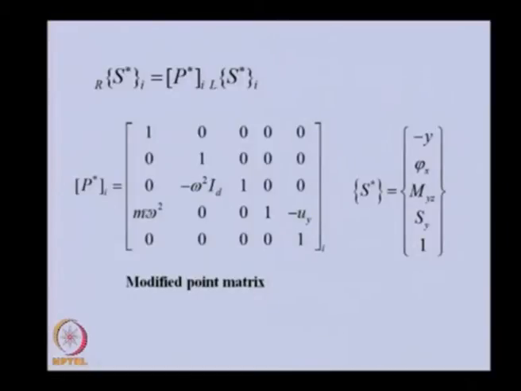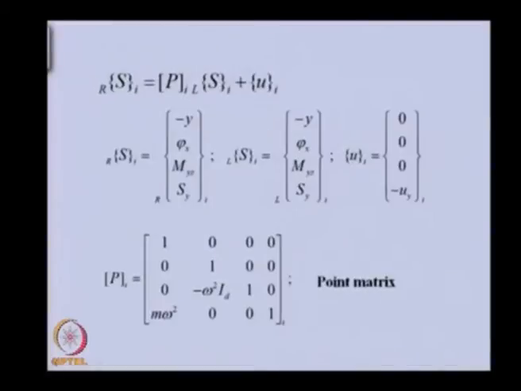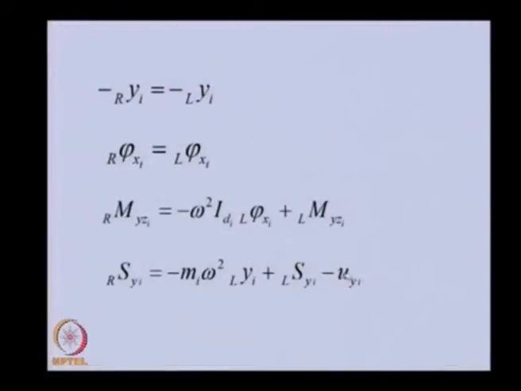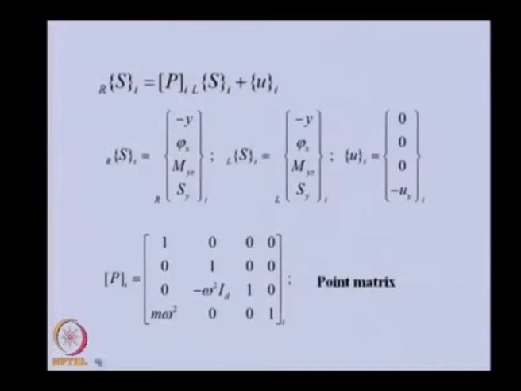So if we substitute this point matrix and the state vectors here and expand the fourth equation, we will get the same equation as the previous one, but now the unbalance is inside the matrix.